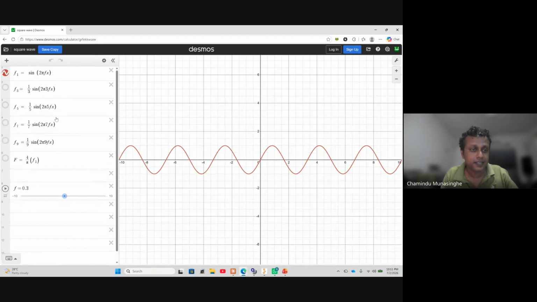So basically, in one period of the fundamental frequency f1, this f3 completes 3 cycles, right? So we call this the third harmonic of this f1.